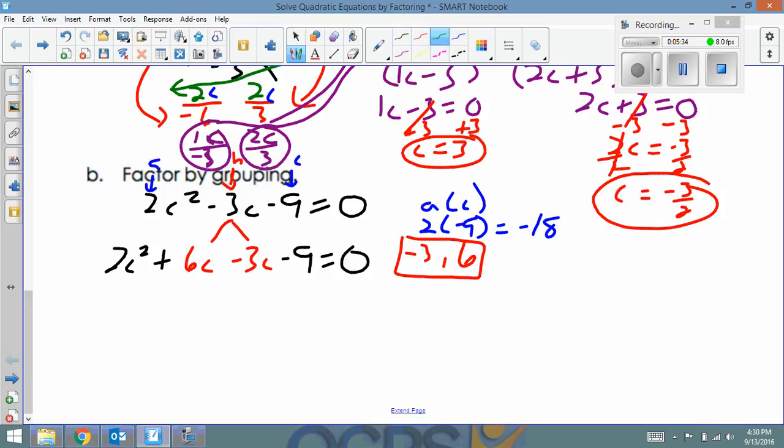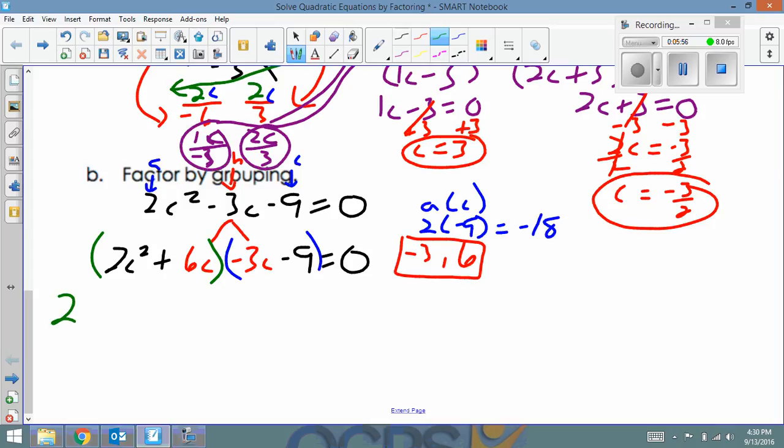Once you do that, you're going to group the first and the second term together, and then group those two together, the third and fourth. In each group, you need to factor out the GCF. Looking at our numbers, we know a 2 goes into both 2 and 6, so we're going to factor out a 2.